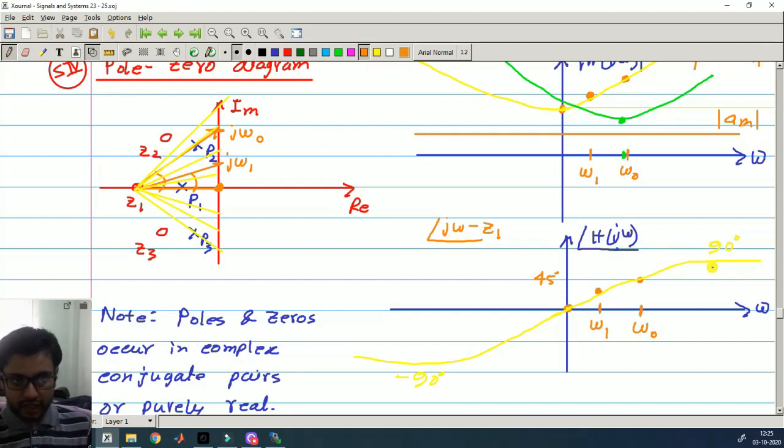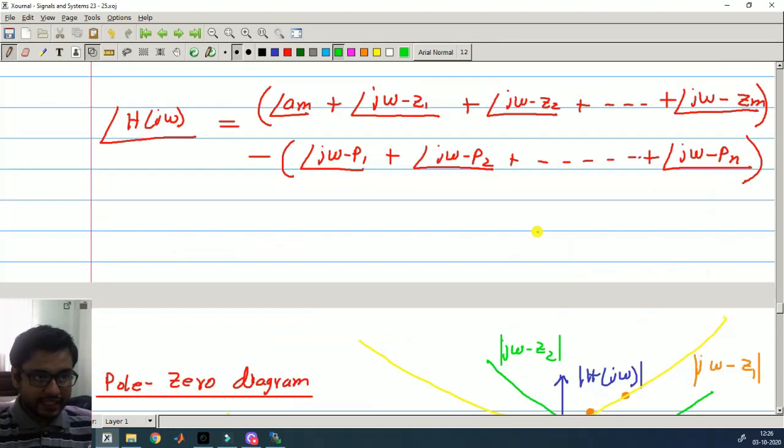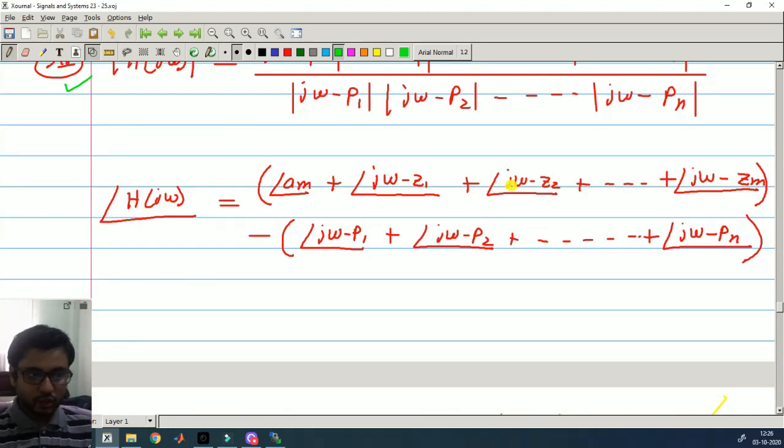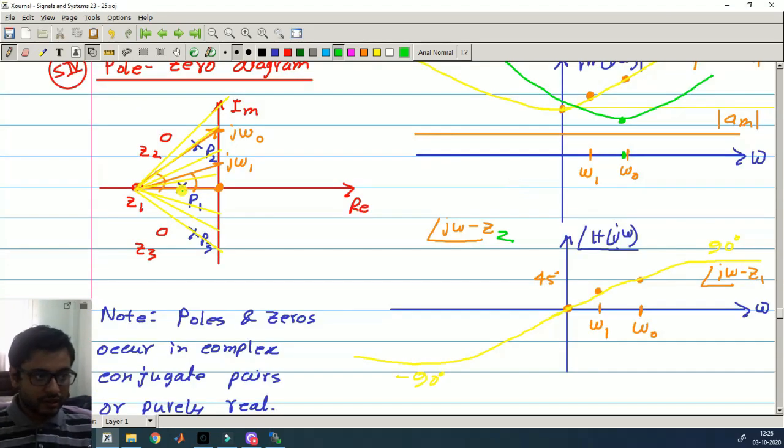This was for the angle of j omega minus z1. Then after that, suppose we want the angle of j omega minus z2. That is the next term here. Then for that you have to draw vectors starting from z2 like this, and so on, and you can see this angle will be 0 for omega close to omega naught. Somewhere here the angle will be 0, and after that the angle will increase.